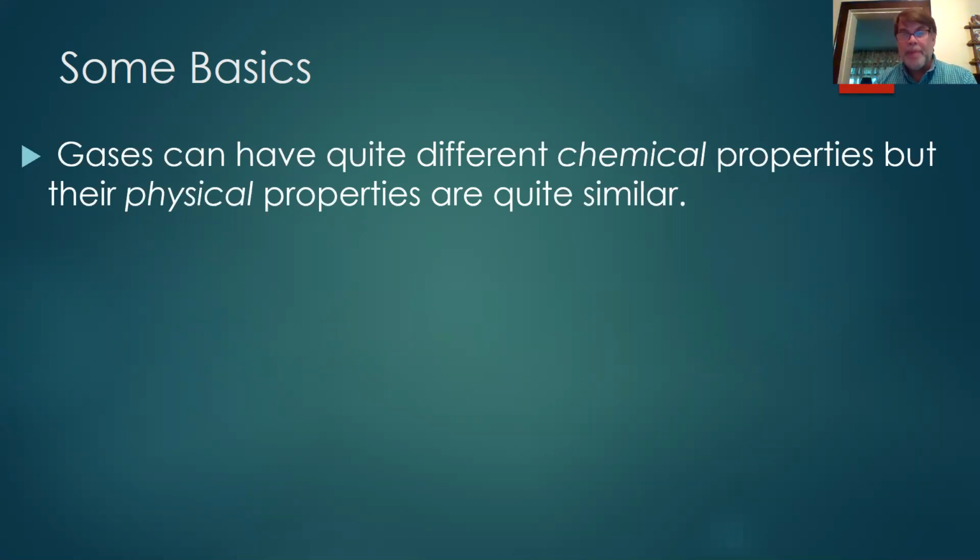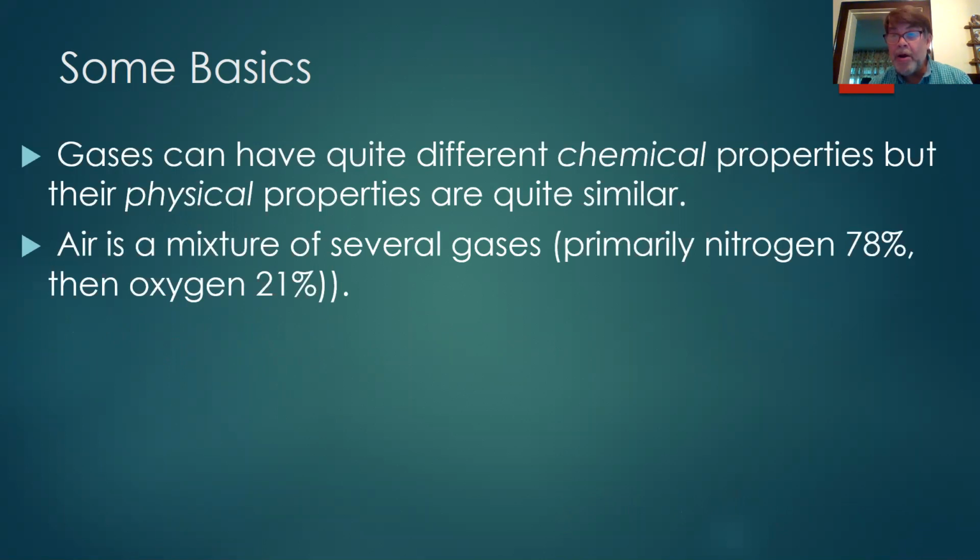Air is a mixture of gases, primarily nitrogen. Of course, oxygen is of great interest to us. We all know that if you don't have oxygen, you can't live. We need oxygen to breathe, although oxygen only makes up about 21% of the air around us.